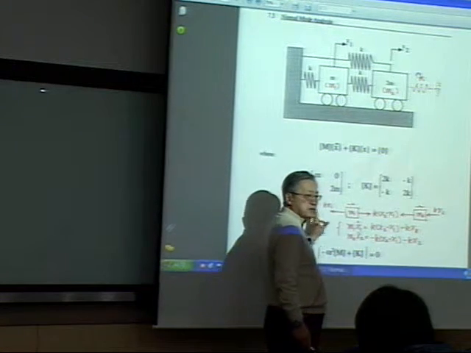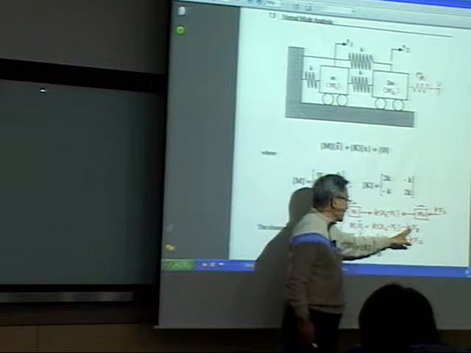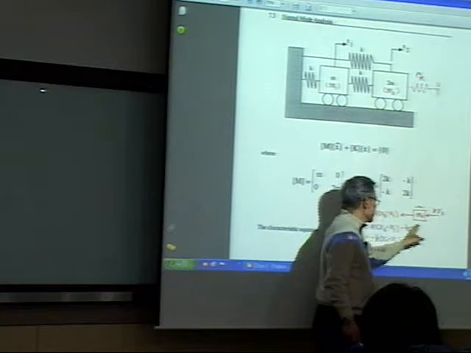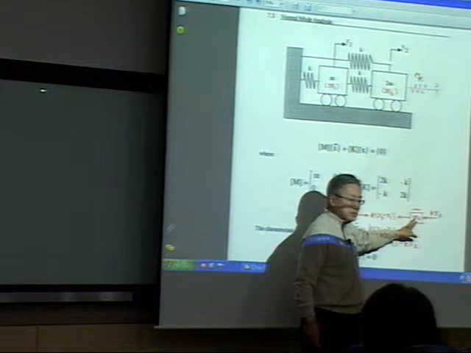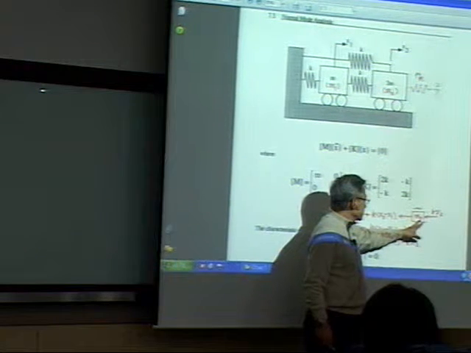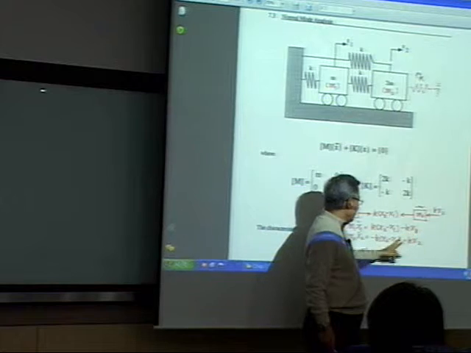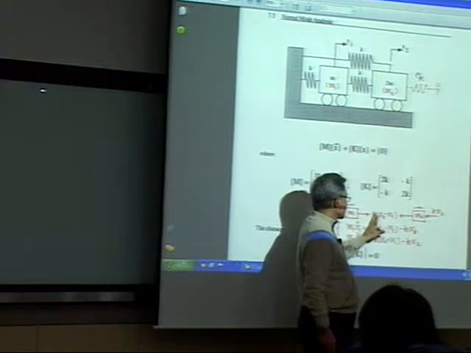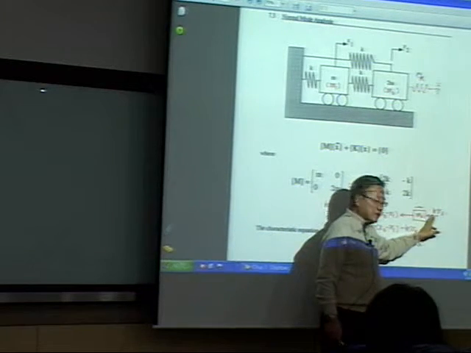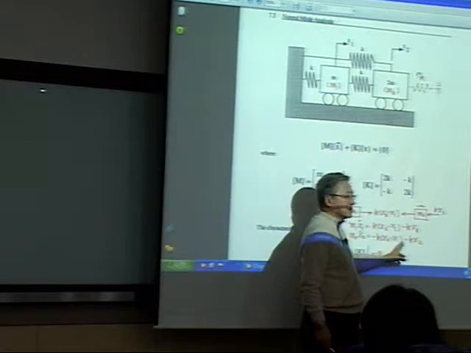This is a negative, minus kx1 right here. For this one, m2 times x2 double dot is equal to, this is a minus, this is minus. So minus, minus.